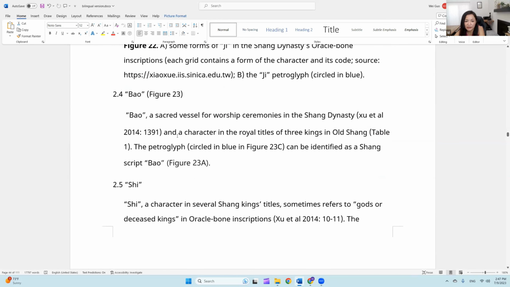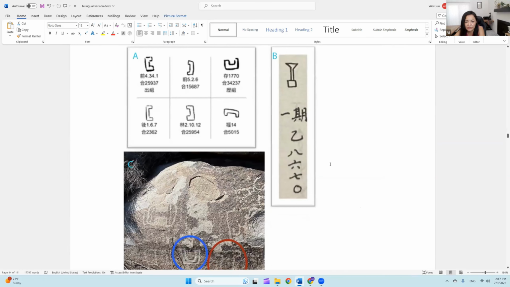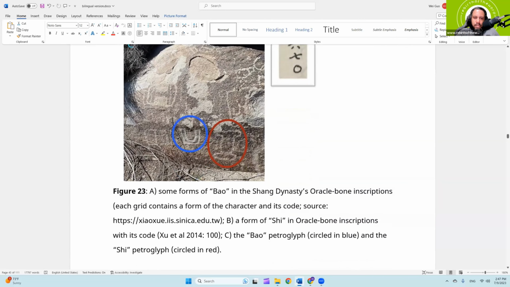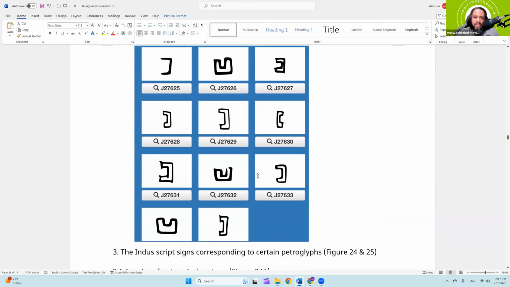So Bao, a secret vessel for worship ceremony in the Shang Dynasty, and a character in the royal titles of 3 kings in Old Shang. So here, this one looks like a vessel. Then we have more here. Yep.